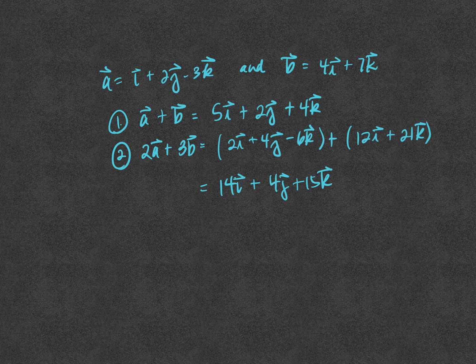So let's look at the next concept. The next concept is the unit vector. A unit vector is just like it sounds. It has a unit of 1. A unit circle is a circle with a radius of 1.